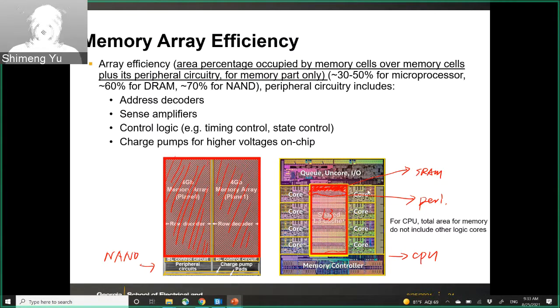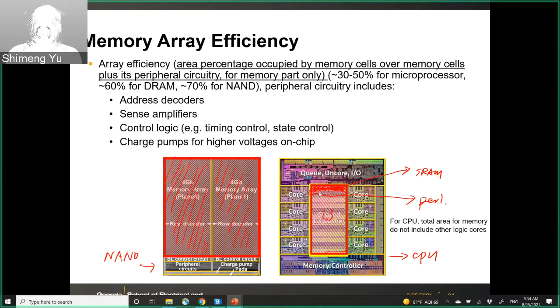But for the processor, like CPU, it's a little different, because on the CPU, you will have logic components. So there's no array efficiency for the whole CPU. You have to specify the array efficiency for certain blocks on the CPU. For example, here we can specify the array efficiency of the L3 cache on this CPU.